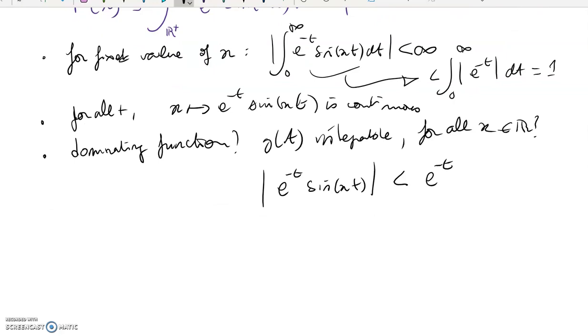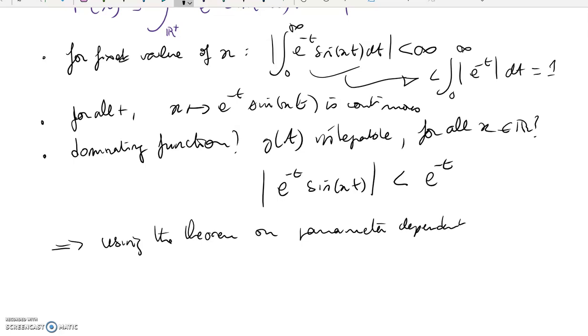So we can conclude, using the theorem on parameter dependent integrals, F is continuous on R.